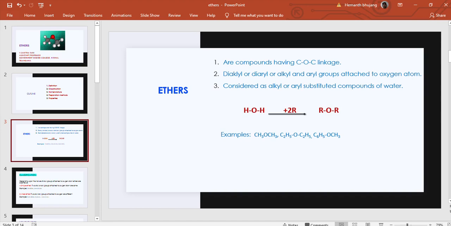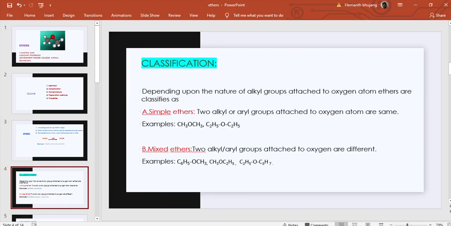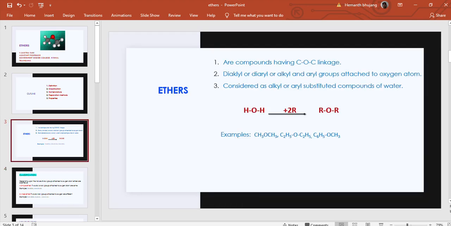So this is about what ethers basically are. Now coming to the classification of ethers. The classification of ethers is based upon the nature of the alkyl groups attached to the oxygen atom. Here we have seen a number of examples where oxygen is centrally situated and on either side we have alkyl or aryl groups.